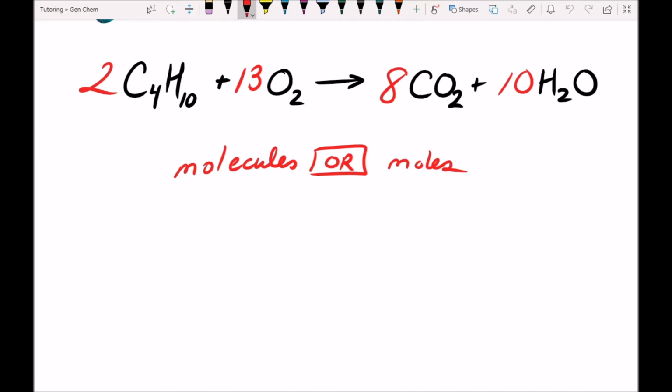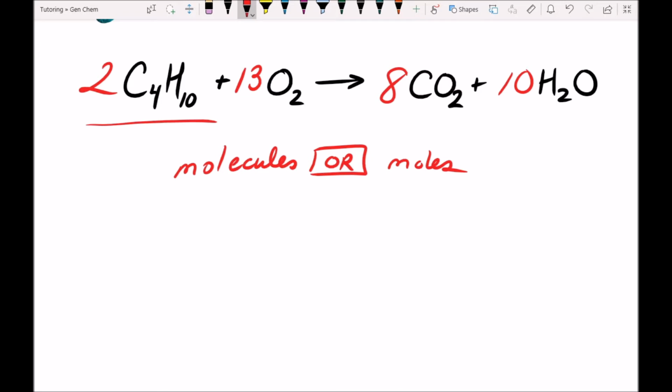The beauty of the balanced chemical equation is that these coefficients represent ratios that are consistent whether we're talking about molecules or moles, because we can't produce more than 8 moles of carbon dioxide and 10 moles of water from 2 moles of butane.